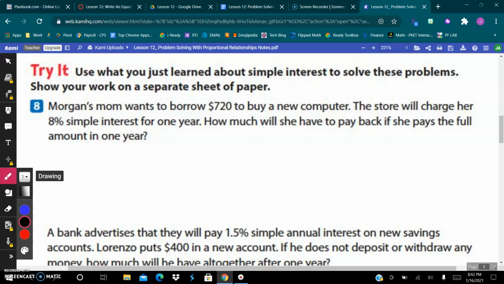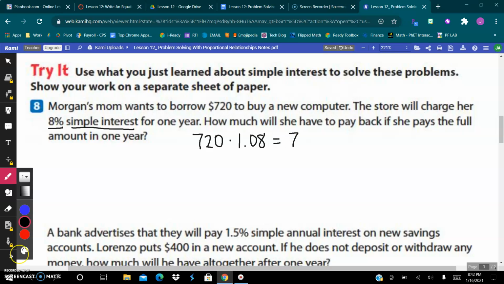So she has to pay the $720 and she has to pay an extra 8% in simple interest. So that means she's got to pay 108%. So we're going to multiply this by 1.08 because that's 108% as a decimal.